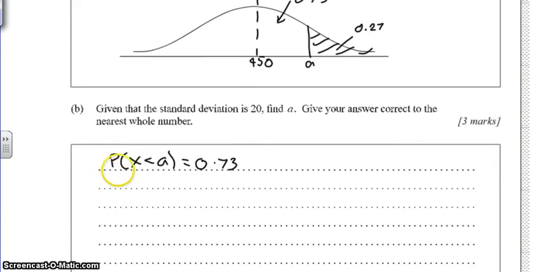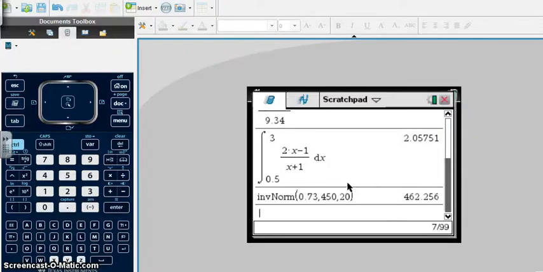So I would write down inv norm exactly as it's written on your screen there. 0.73 exactly as it's written there.